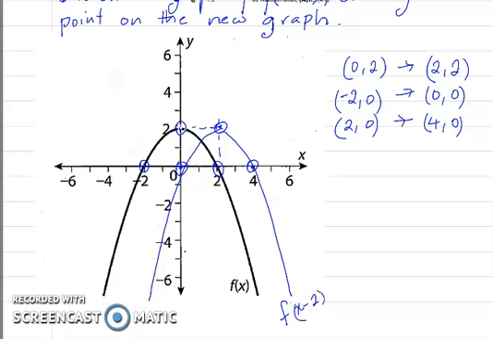So to get the graph of f of x minus 2 from f of x, I'm going to shift the graph of f of x 2 units to the right. How do we do that? We identify some points on f of x, and then increase the x coordinate by 2, and then we sketch our curve. Let's have a look at a second example.